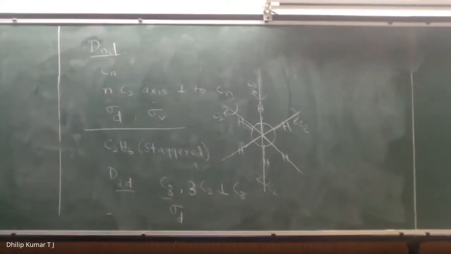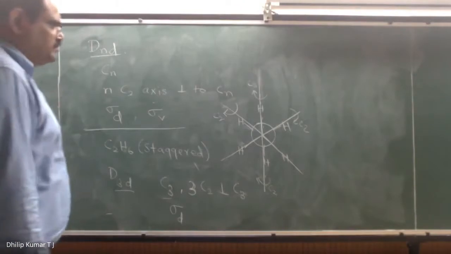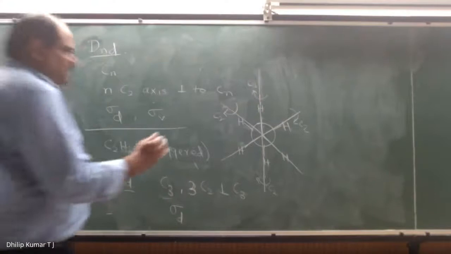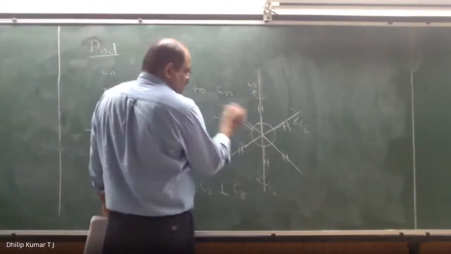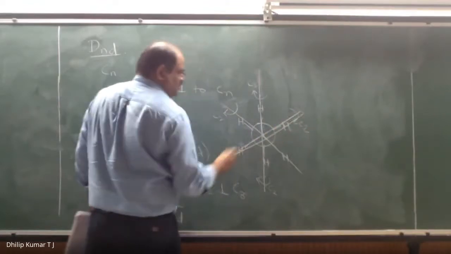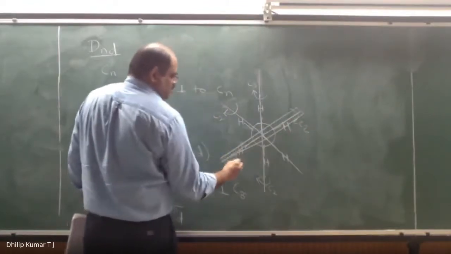What else? Sigma d is basically a plane which bisects the angle between the C2 axes, or which cuts the angle between 3 atoms. So basically, wherever you have a C2, you can place a sigma d plane. So here you can put a plane here. That is sigma d.